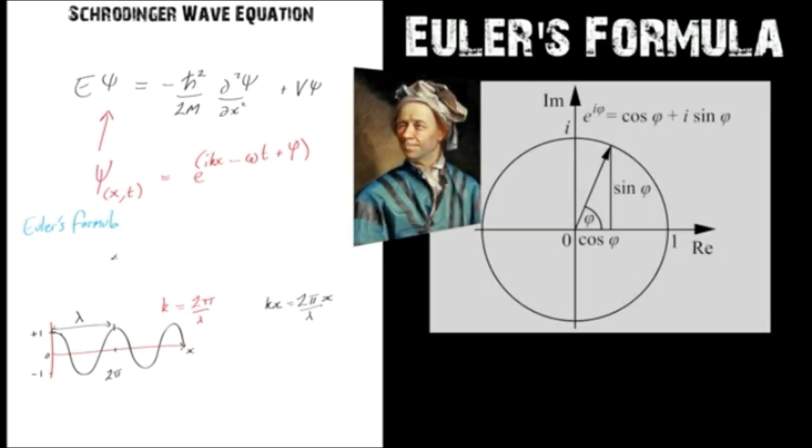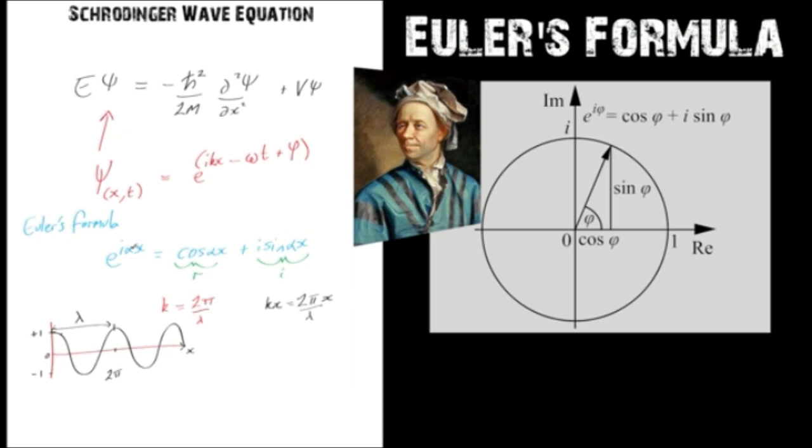And Euler's formula basically takes e to the i alpha x and it can be expanded into a real and imaginary function of cos alpha x plus i sine alpha x. Okay, so this bit here is the real part, and this bit here is the imaginary part. And by imaginary it just means it's multiplied by the square root of minus 1, which is i.